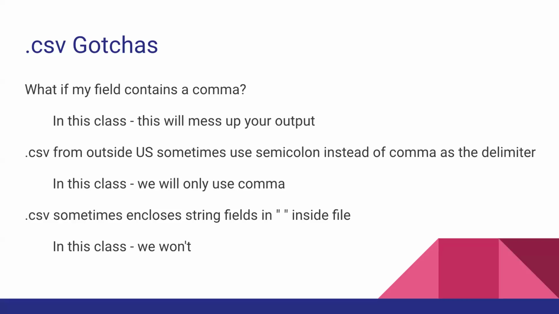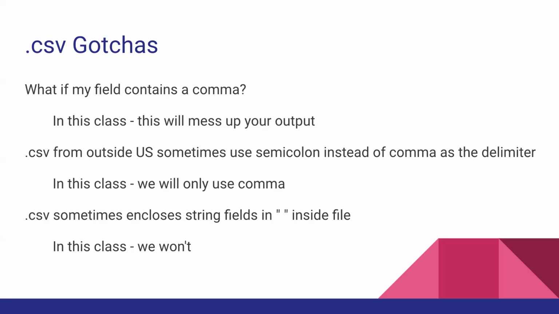So there's a couple of gotchas. What if you're using a comma separated value and your data has a comma in it? That would be a problem, right? So there are ways to deal with that, but in our class, we're just going to not use commas in our data, just to make it simple. Sometimes from outside the US, they're going to use a semicolon instead of a comma.